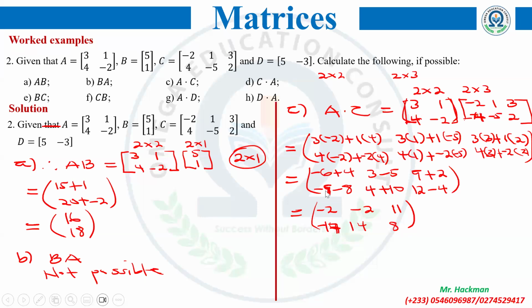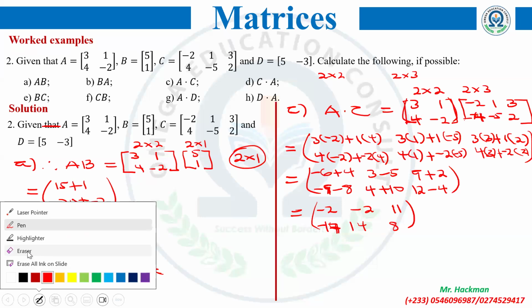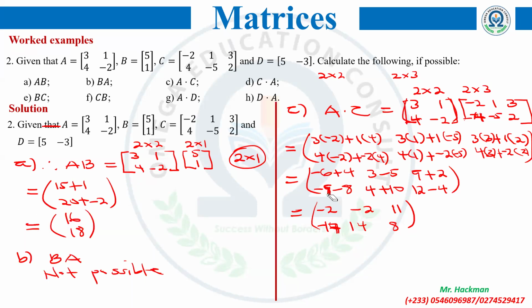The 16 is correct. So let me go and erase that. So I was right. Let's do the correction: negative 8, then 16. I guess we are fine.